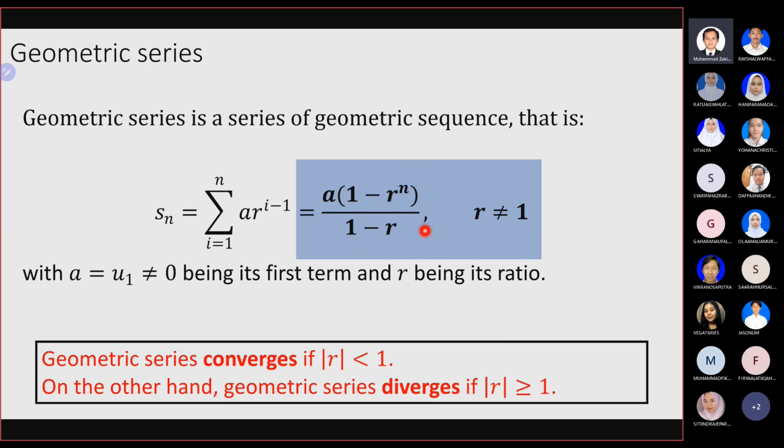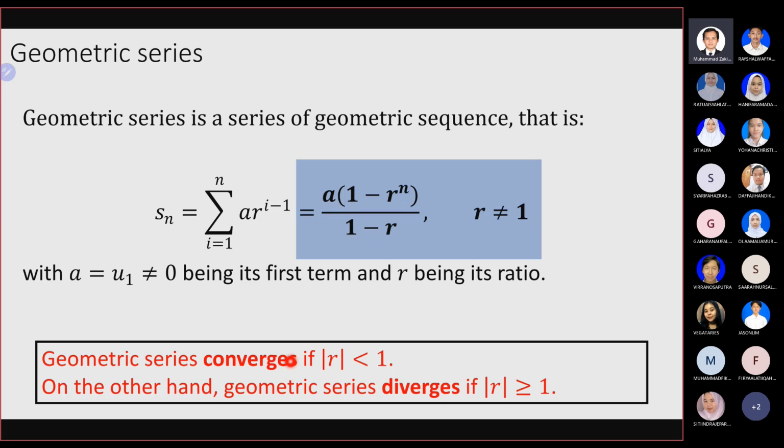Jadi deret geometri, kalau kalian tahu di SMA ya, ketika nilai mutlak r-nya kurang dari 1, kita tahu bahwa deret geometrinya itu akan punya nilai ya, menuju nilai tertentu.